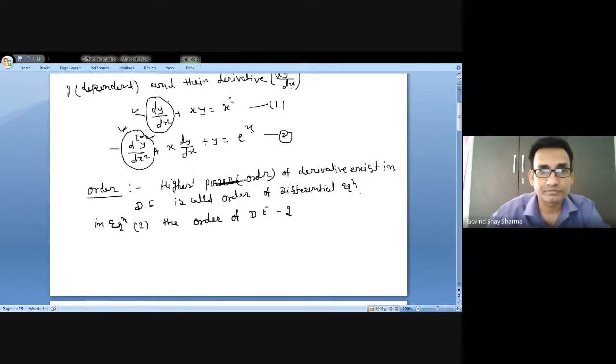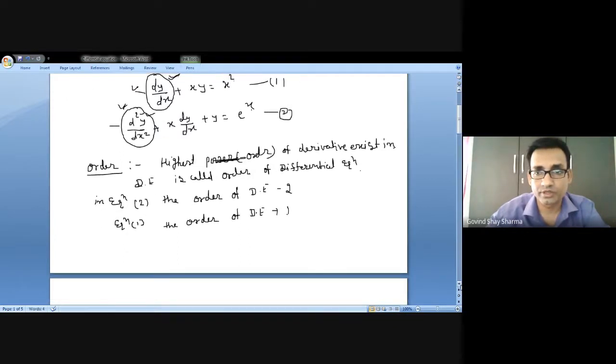Similarly, in equation first, the order of differential equation is 1. I think this is a better approach to understand.